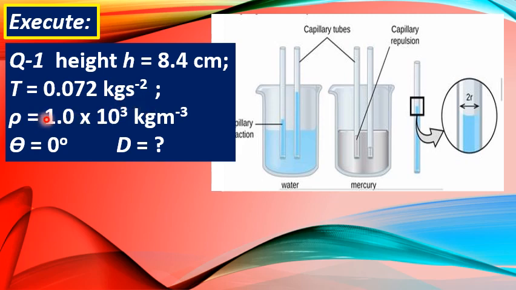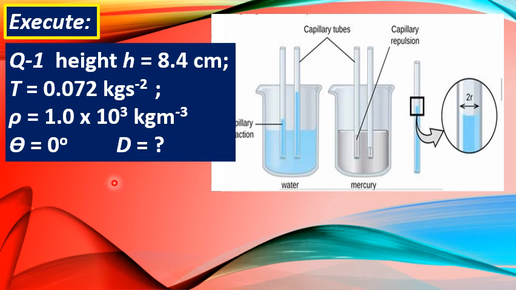The density of pure water is equal to 1.0 times 10 to the third kilogram per meter cube. And the contact angle theta is 0 degrees. Our target variable is the inner diameter denoted by capital D, which in fact is twice the inner radius of the capillary tube.